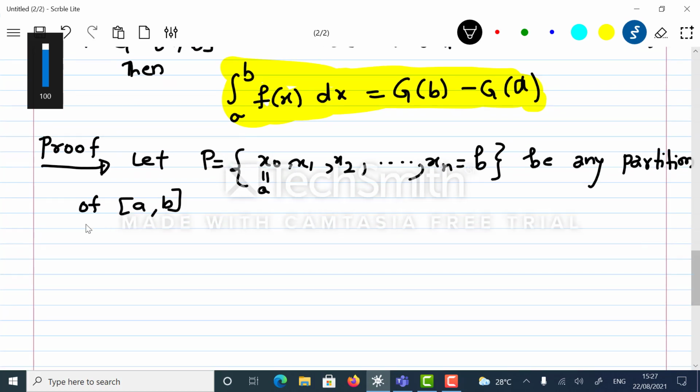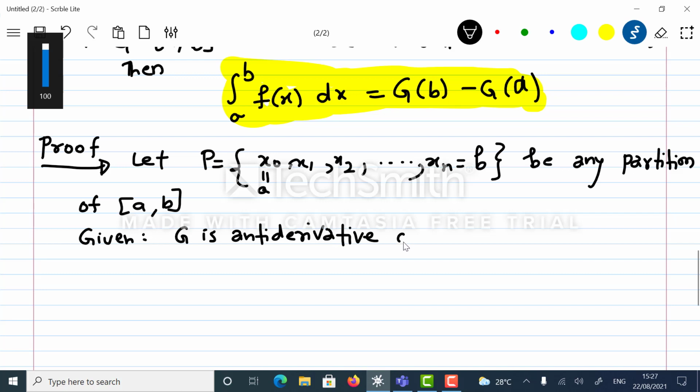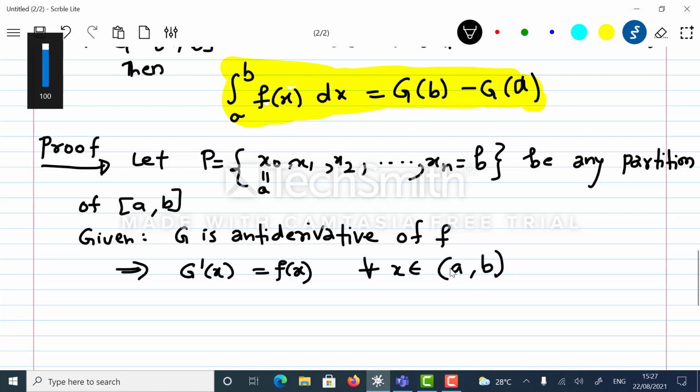It's given that g is an antiderivative of f. So what does it imply? This would imply g'(x) = f(x) for every x belonging to the open interval (a, b).